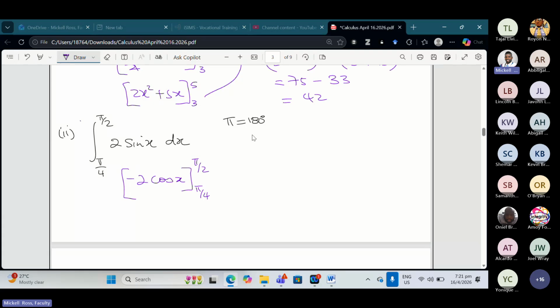So this is going to be equal to negative 2 cos of pi over 2 minus negative 2 cos of pi over 4. What is pi over 2 in degrees?